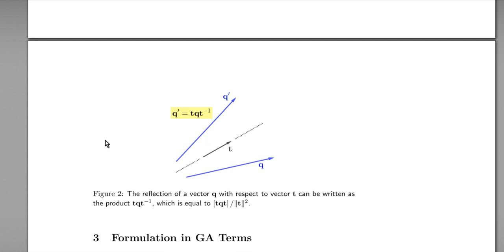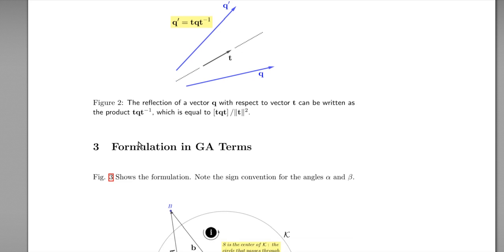And reflections are very easily calculated in geometric algebra. For example, the reflection of the vector q with respect to t is this vector q prime. And all that's needed to calculate q prime here is to form the product t times q times inverse of t.